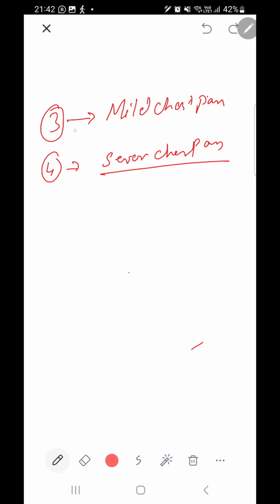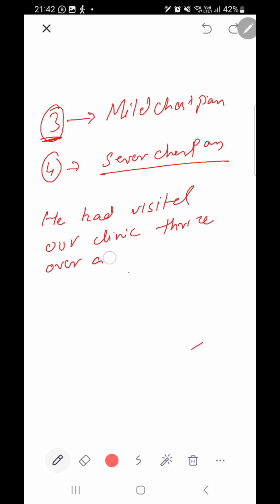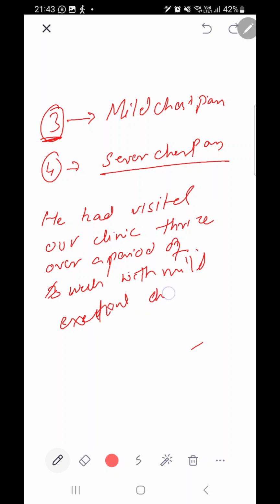If I write the summary of these three visits with a focus on intensity, I can write: He had visited our clinic thrice over a period of, whatever time, 3 weeks, with mild exertional chest pain. So here we have focused on the intensity and we are using had with that.